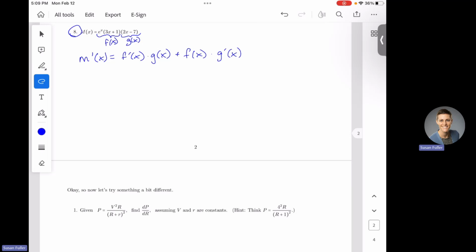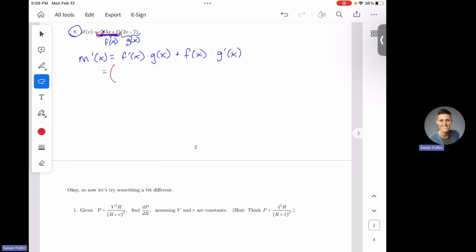So we're going to have to start with the derivative of f. Now, when I take the derivative of f, I have a product inside f. So when I do f prime, I'm going to need a product rule inside that one. So e to the x is going to be my first one, and 3x plus 1 will be my second one.